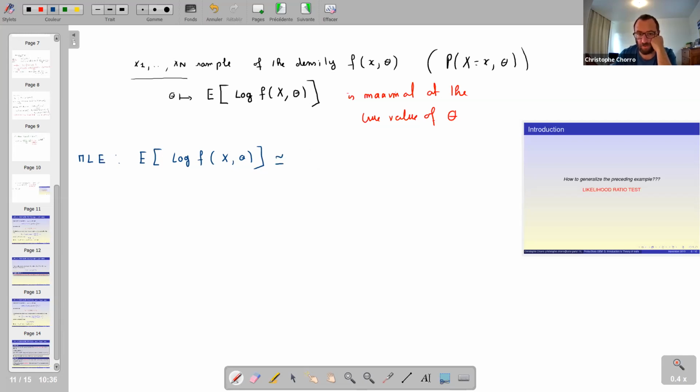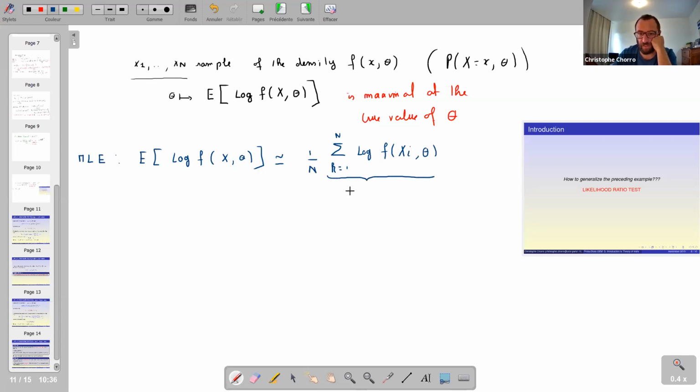I obtain 1 over n, the sum from i equal to 1 to n of the logarithm of f(xi, theta).